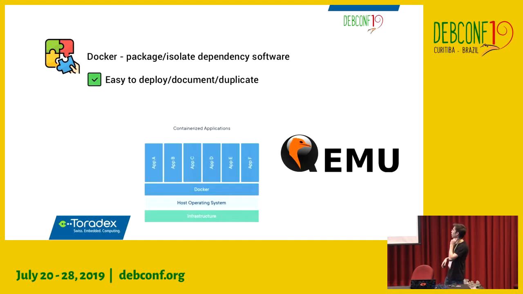Another solution is using Docker to package and isolate all the dependencies of your application. This is a pro of Docker containers. It's easy to deploy, document, and duplicate, the things we don't have with chroot, right? It's a standard way to do these things with Docker containers, right?